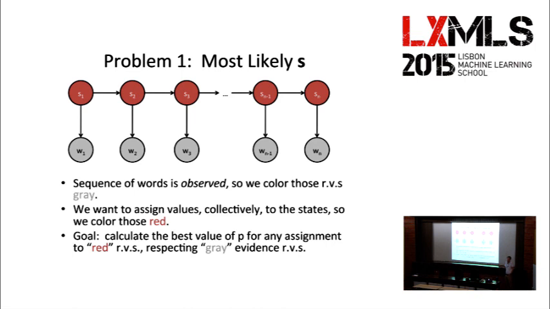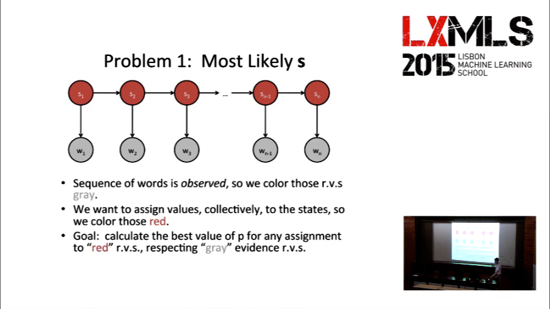This was the problem Viterbi solved. It said, if I know all the words, I can use dynamic programming to exactly calculate the most probable values for the red things collectively. In probabilistic terms, we often call the things that are gray, the things we've observed, evidence. And then we're doing inference for the most likely values of the things that are red.